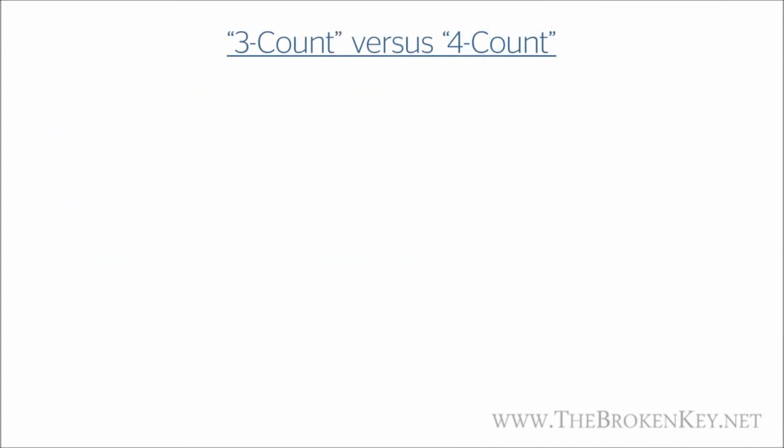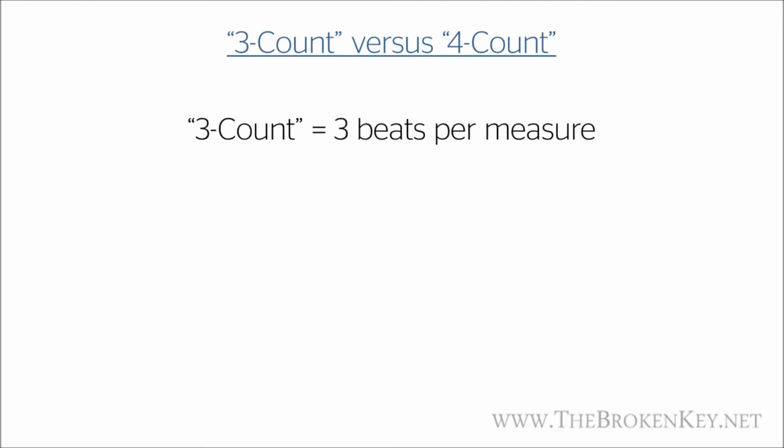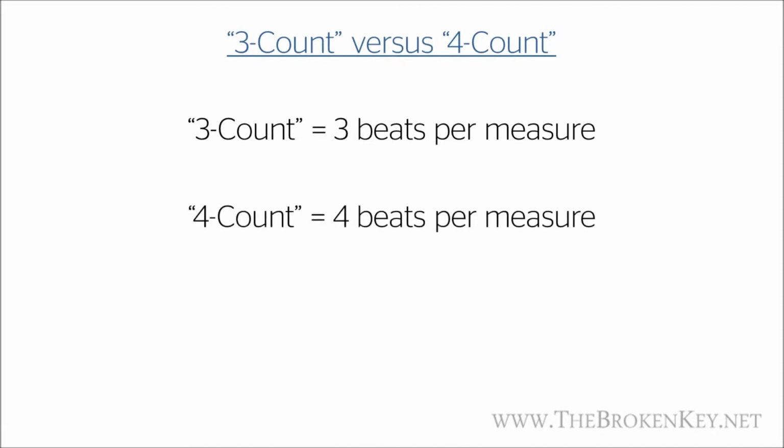Before moving on, let's talk about 3 count versus 4 count. Remember that I said some pieces might have 3 beats per measure and some may have 4 beats per measure. Those aren't the only 2 options, but they are some of the most common. 3 count just means that we have 3 beats per measure, and 4 count means we have 4 beats per measure.